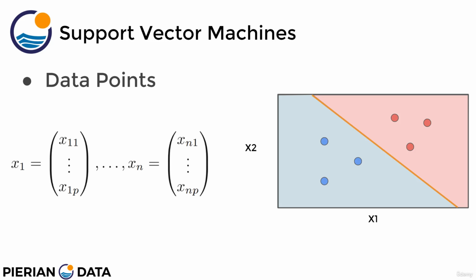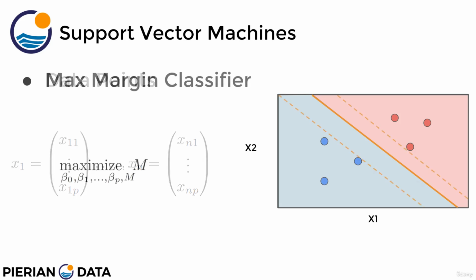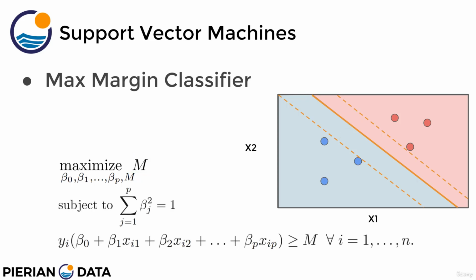Now let's use all this information to mathematically define a max margin classifier. Recall that the whole purpose of a max margin classifier is to maximize m, where m is this margin extending from the hyperplane. So we're essentially trying to choose the best beta coefficients that can maximize this margin. But we do have some constraints. We're subject to these two constraints given the data set. So what does this actually mean?